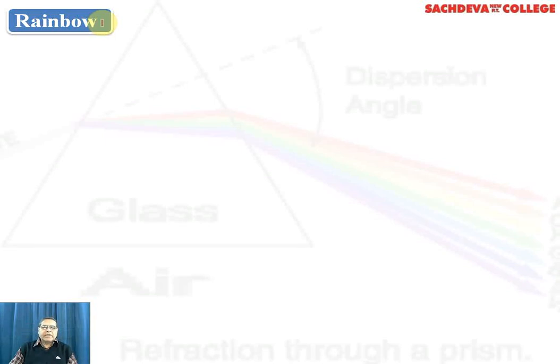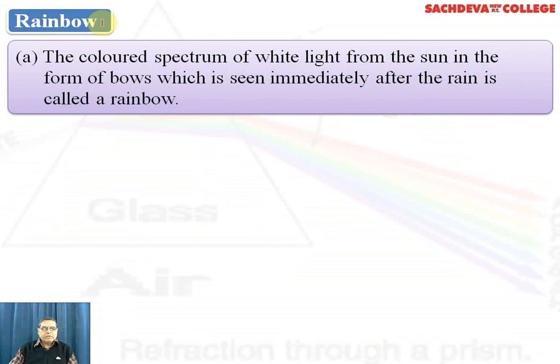This principle is adopted in the explanation of the rainbow. The colored spectrum of white light from the sun, in the form of a bow, seen immediately after the rain, is called a rainbow. So it is basically the dispersion of white light from the sun by the suspended water molecules after the rain. And we find dispersion takes place from the water molecules.